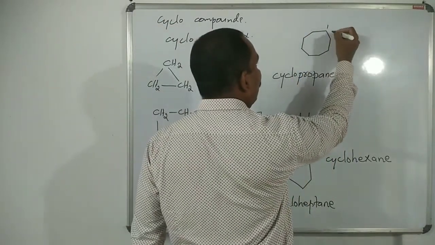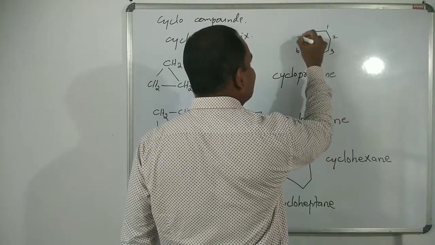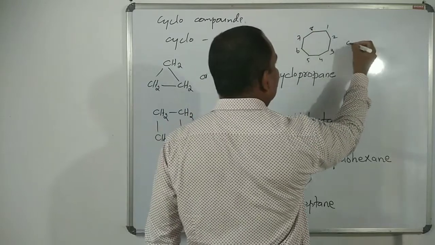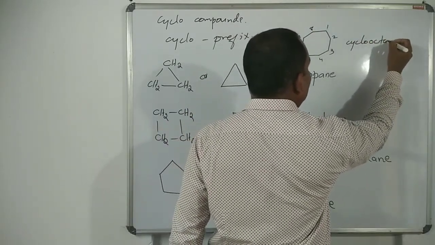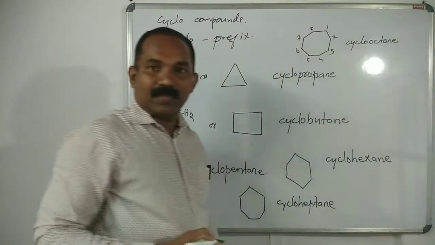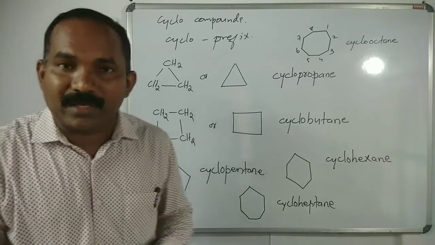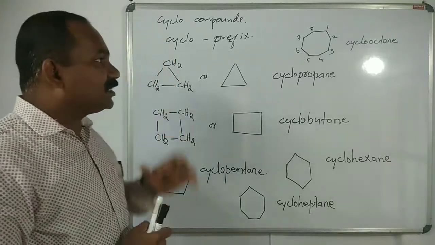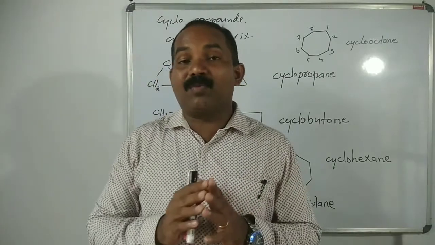You just count 1, 2, 3, 4, 5, 6, 7, 8. The compound is cyclooctane. Are you clear? Yes. So this is the naming of cyclic compounds.